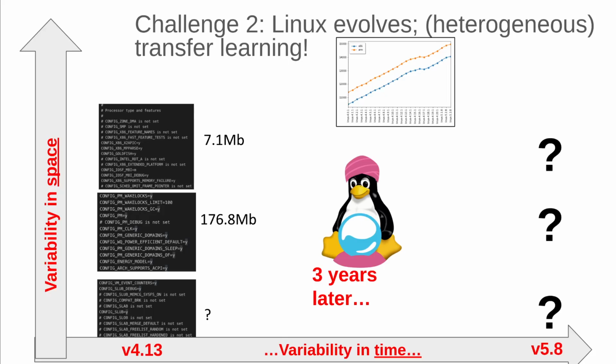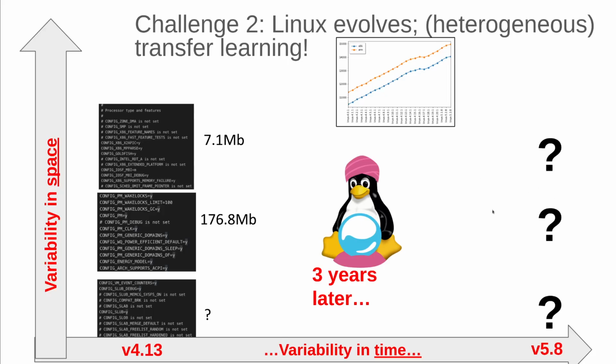How to predict variability in space and time in an accurate manner and in a cost-effective manner, because building all these configurations is costly, of course. So basically for version 4.13, maybe we have put some effort, we have invested some budget, we have a good prediction model, perhaps.